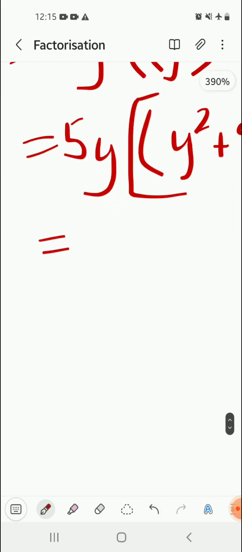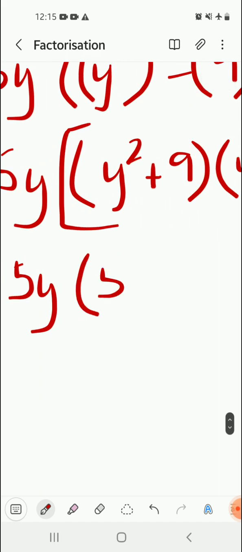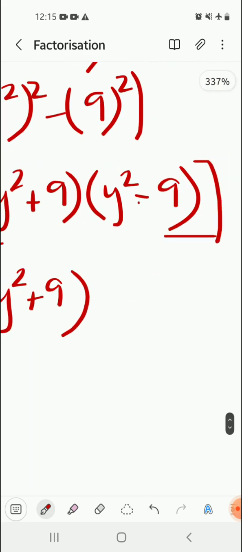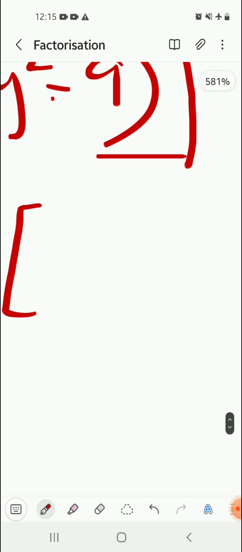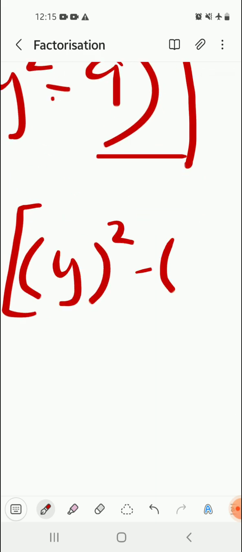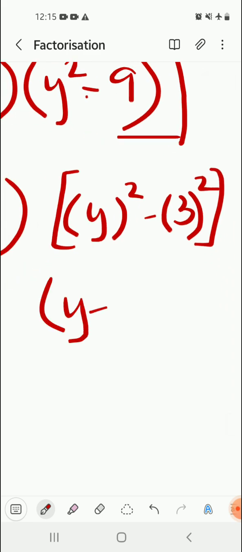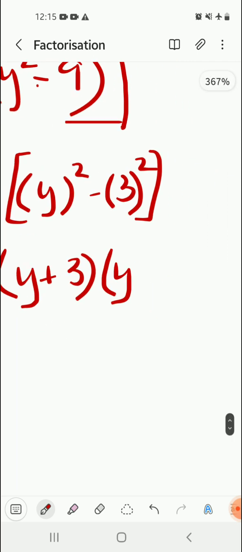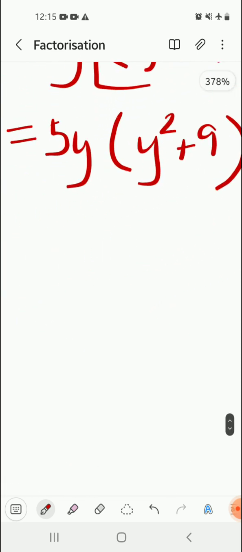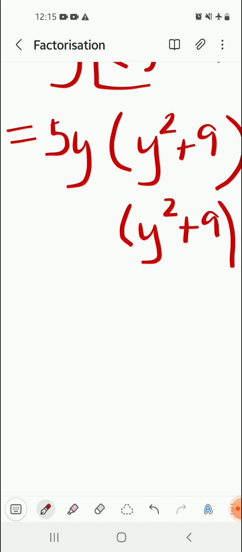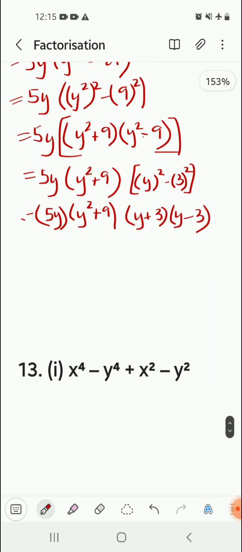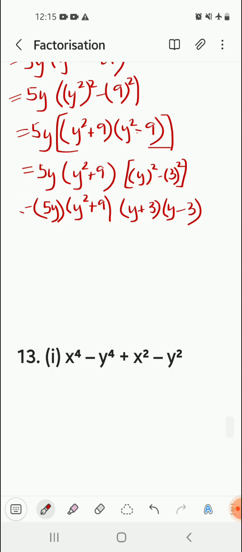So breaking it down, we're going to first copy it as it is. 5y, here we have got y square plus 9, and then we're going to break this down as y whole square minus 3 whole square. So again we can write it as (a + b) into (a − b), and the rest of the part will be written as it is, that is y square plus 9 and 5y. So we have got all the factors.